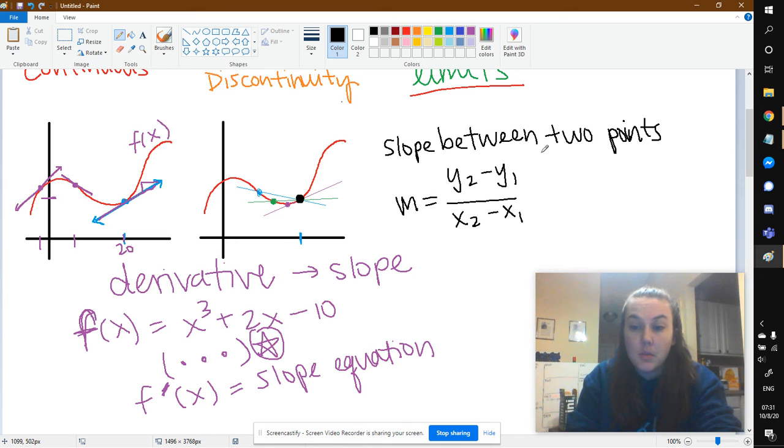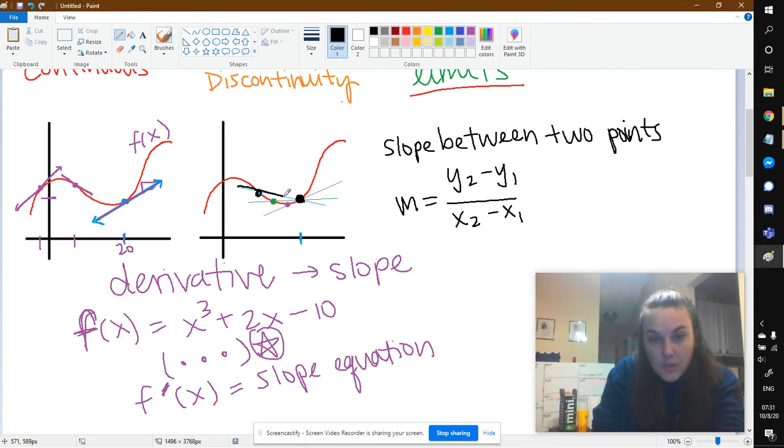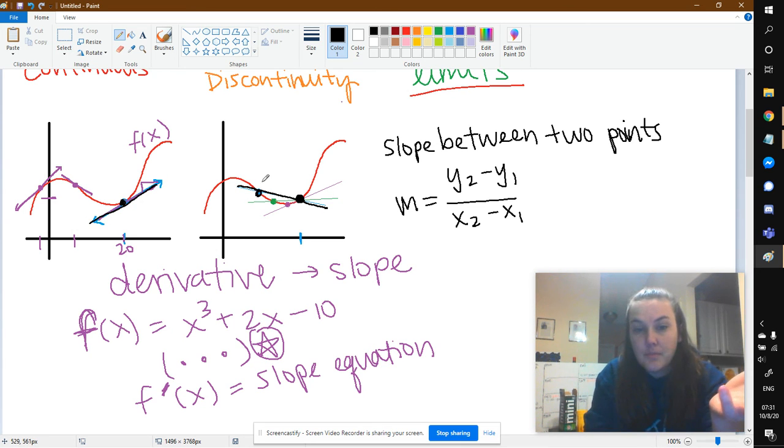The way we know how to compute slope right now is take 2 points, do y2 minus y1 over x2 minus x1, and then find the slope between them. And that's as if we had taken 2 points, drawn a straight line, and found this straight line slope. And you might say, okay, well, that's not even close to this slope. This one's negative and this one's positive. And I'd say, you're right.